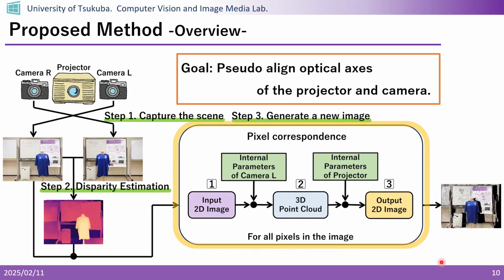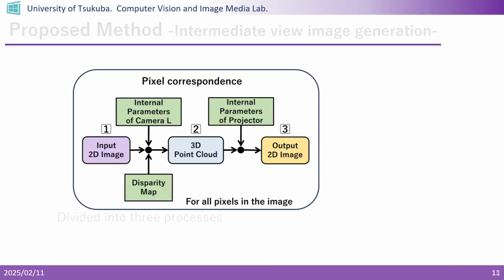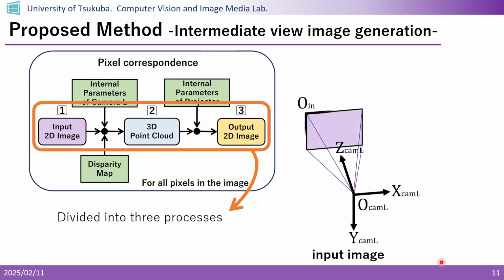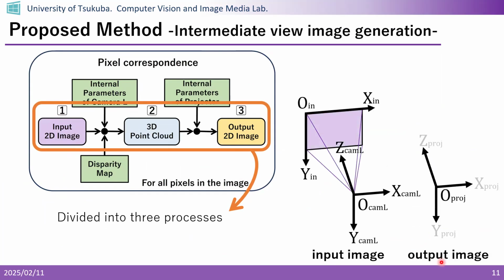In the part of step 3, the process of determining the pixel correspondence between the input and output images is performed. I will explain this part in detail. This task can be divided into 3 processes. The purple and orange rectangles are shown on the right side of this slide.